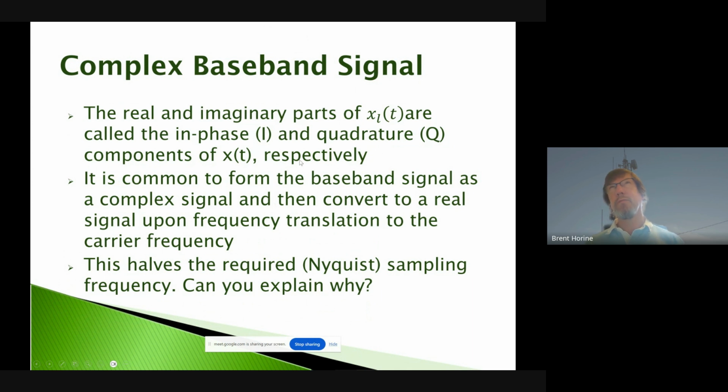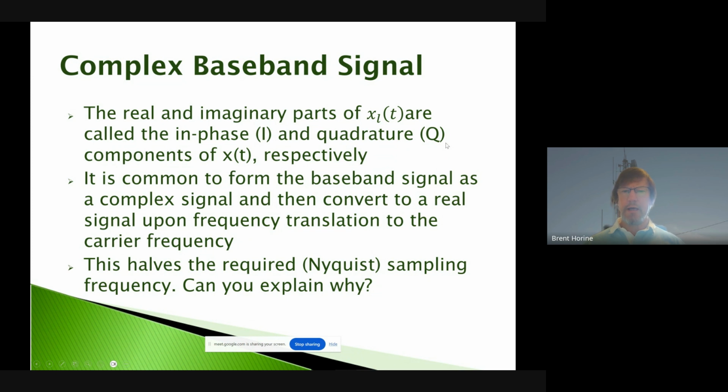So think about when you plot complex numbers on the complex plane, right? We typically put the real axis as the x-axis, and then the imaginary part is 90 degrees, or in a quadrature relationship, with respect to the real axis, right? So we'll use this terminology.